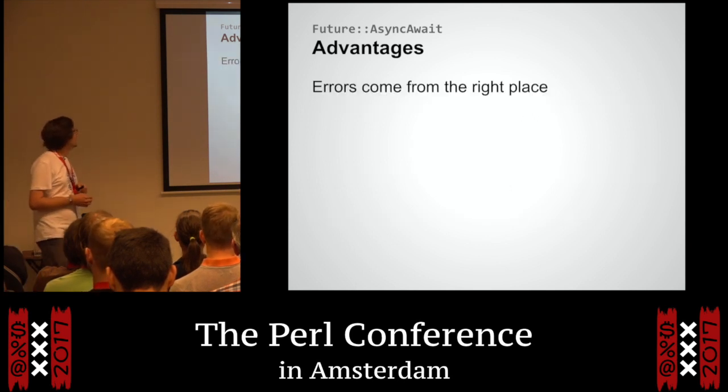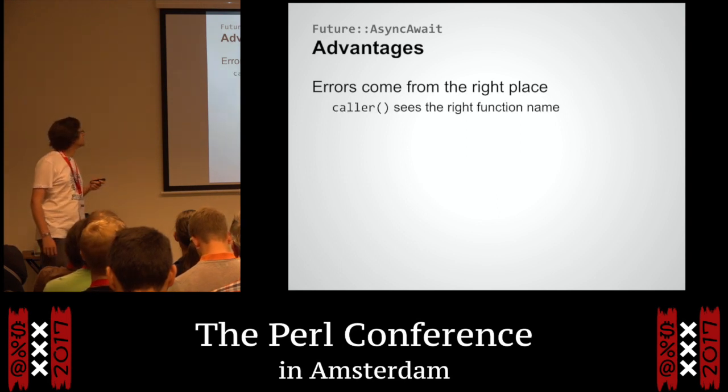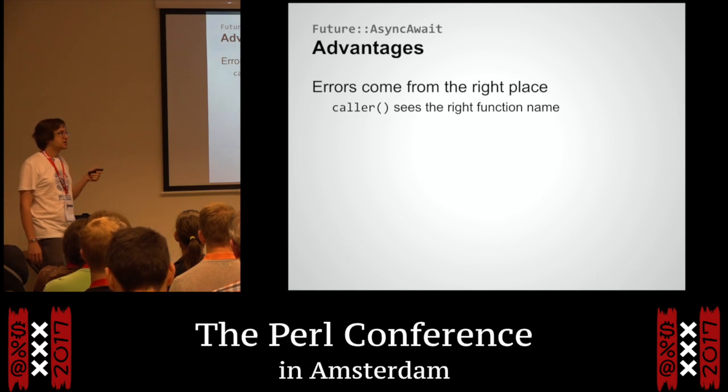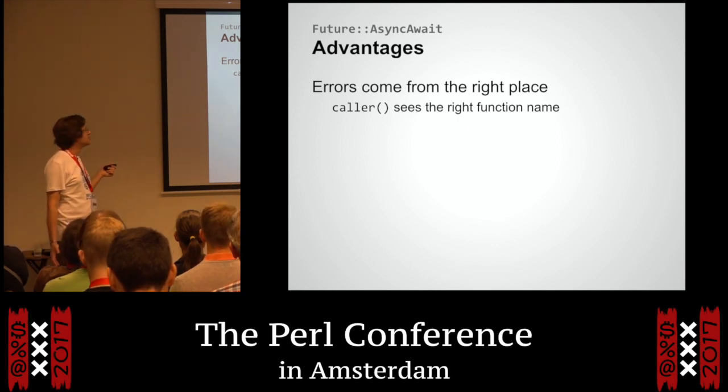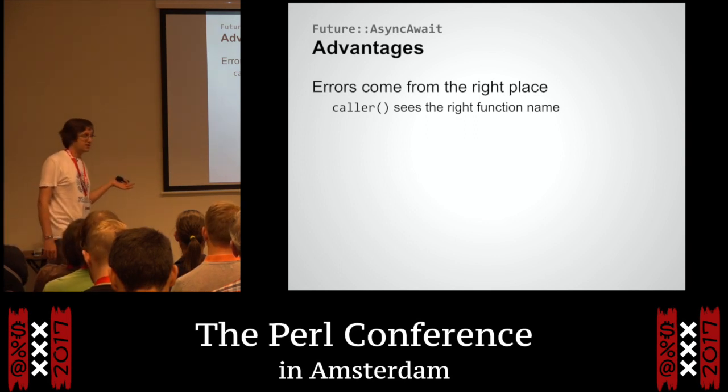Very nice. Another advantage is that errors are going to come from the right place, because caller and related functions are going to see the right function name. Because rather than having these nested thens that are all kind of anonymous subs, you're just resuming the same function that you started with, and probably that was a named method or a named function.